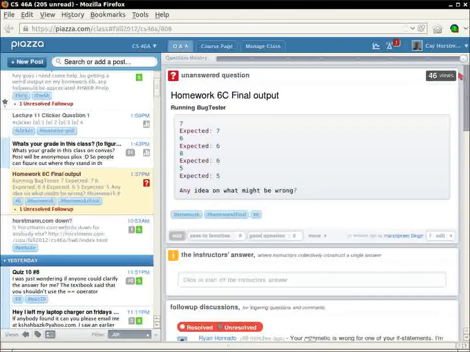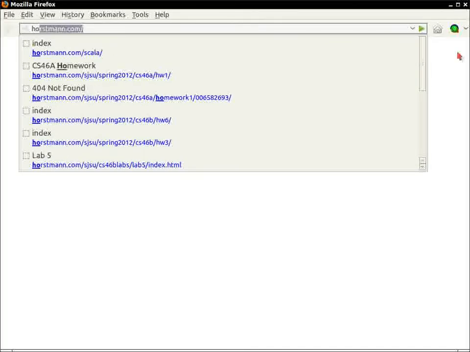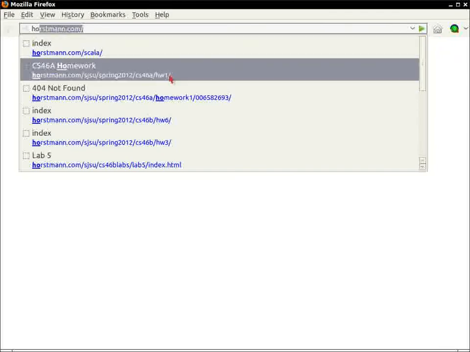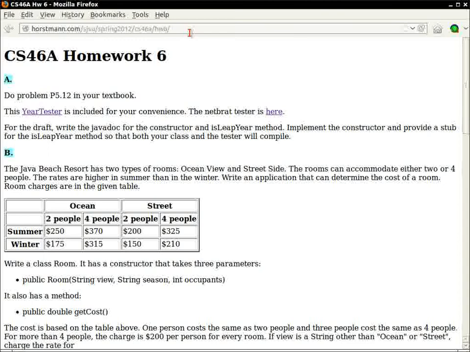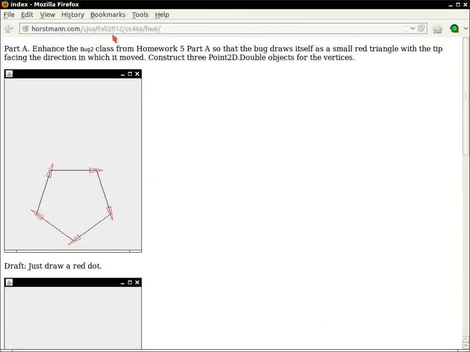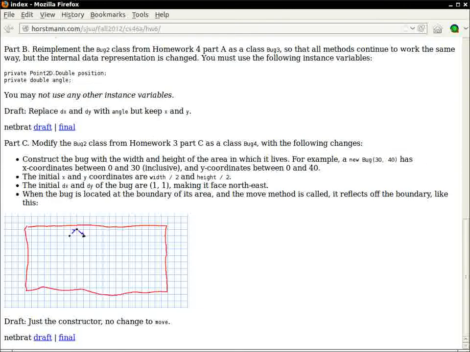All right, let me have a look at this. No, that's the wrong homework. Oh, yes.